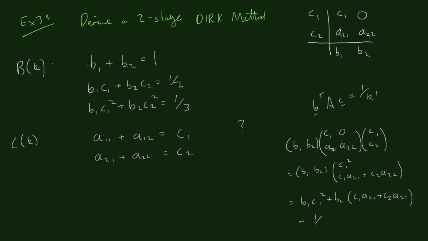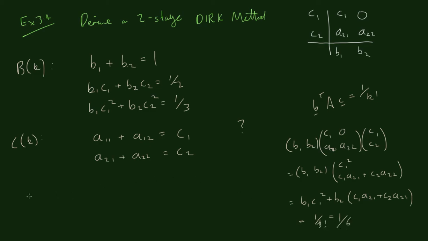So in our case, for a third order method, K is 3, so it should be 3 factorial, so that's 1 over 6.